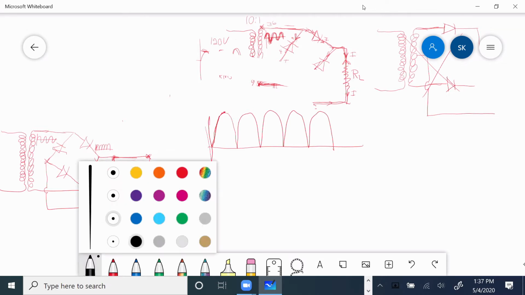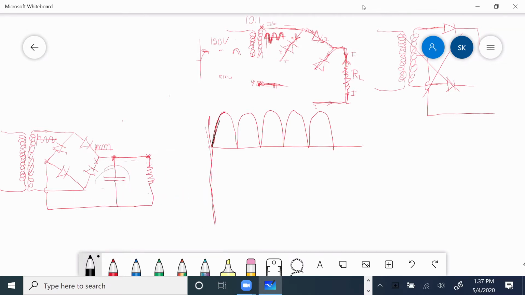Now, as the capacitor charges to this value, it wants to discharge all the way back, but because it doesn't get fully discharged, it only goes that far, and the next pulse will begin. Then it goes that far, and the next pulse begins again. We'll come up and charge it up, and then like this.